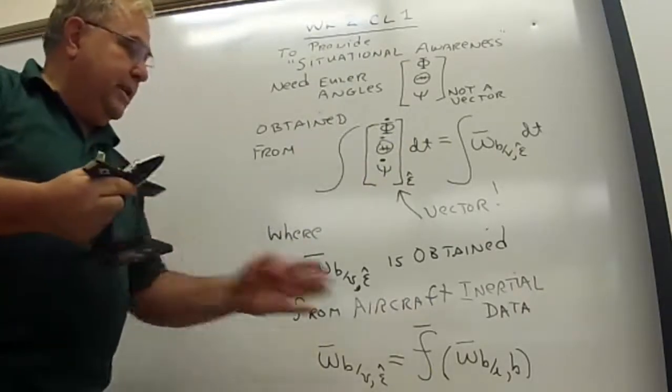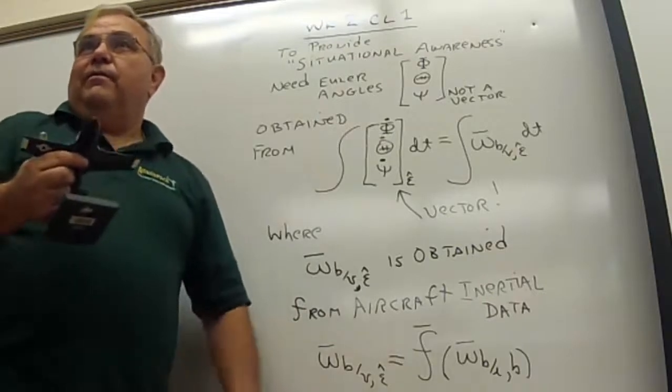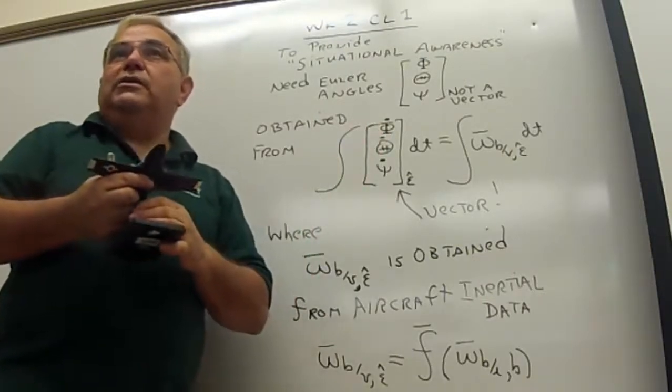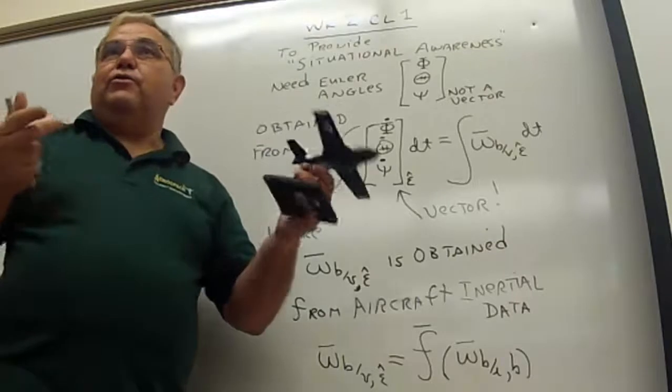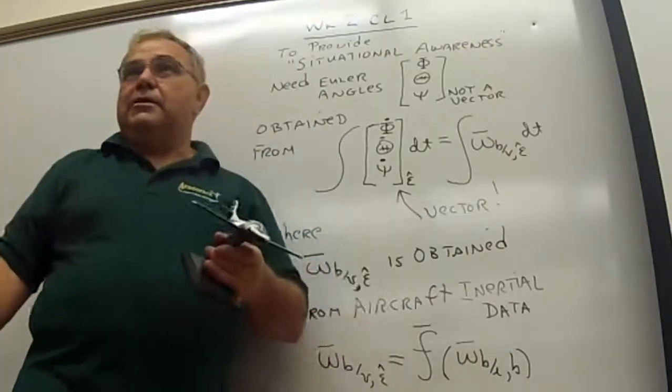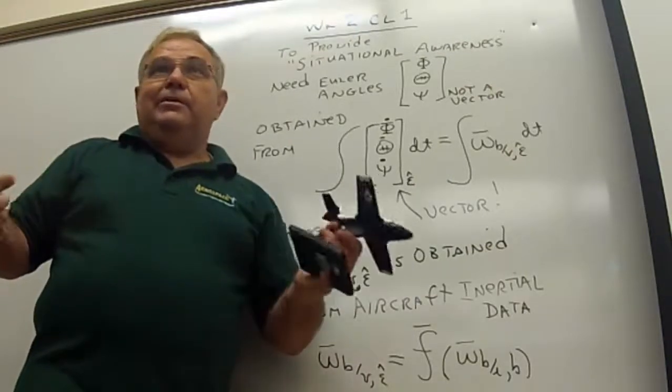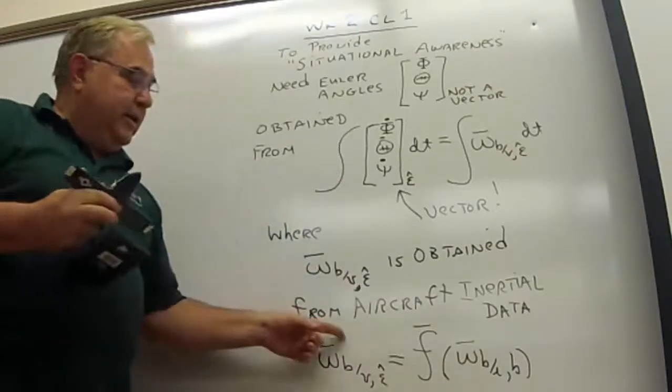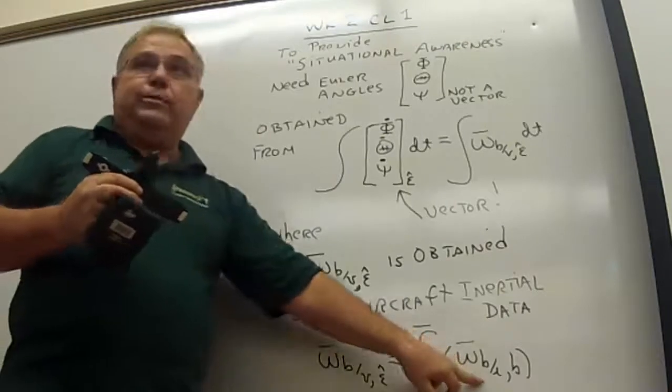The inertial instrumentation doesn't know anything about the Earth or moving. All it knows is that it's moving with respect to inertial space. Where's inertial space? Those Galilean frames that are out there floating between the galaxies. That's how God wants the universe. So instrumentation gives us output with respect to inertial space.